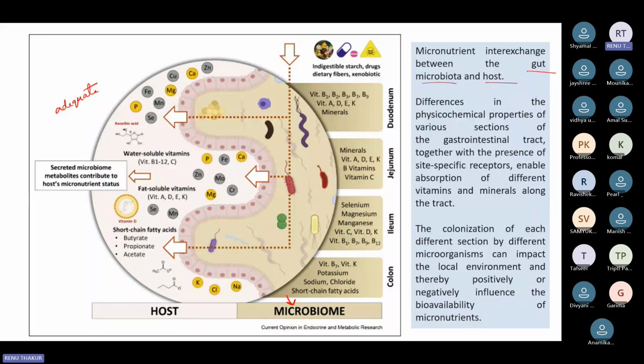So if you are having a normal microbiome, all the microorganisms are in a very good state, then their metabolic machinery will be very good, and after that they will synthesize some metabolites like short chain fatty acids, fat soluble vitamins ADEK, water soluble vitamins B1 to B12, and also vitamin C. As you all know, ADEK are fat soluble and B and C are water soluble vitamins.